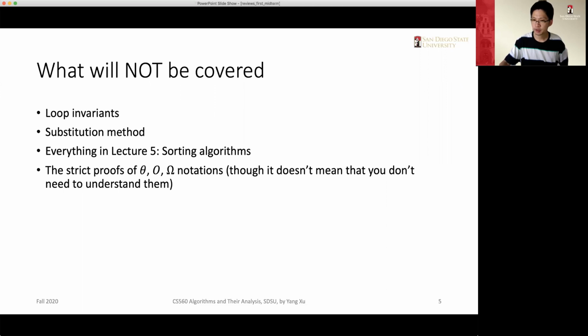Thanks for the clarification. And there's a question about how many questions are on the midterm. It's about 5 or 6 questions. 5 questions, and they are not absolutely evenly distributed, but there's not too much deviation.